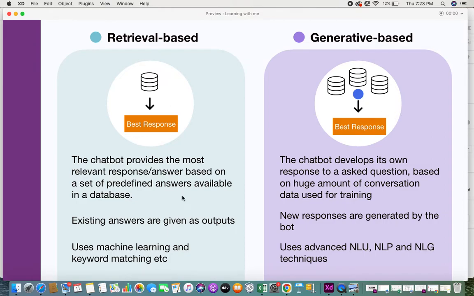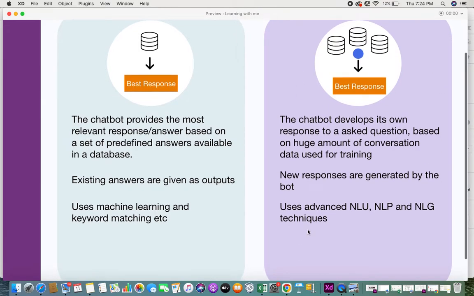This bot needs to understand what the question is, identify the pattern of the question, then map that question, see which is the right answer, and just pull that answer and give it. But in generative bots, advanced NLP and NLG techniques are used. NLU is natural language understanding, NLP is natural language processing, and NLG is natural language generation.